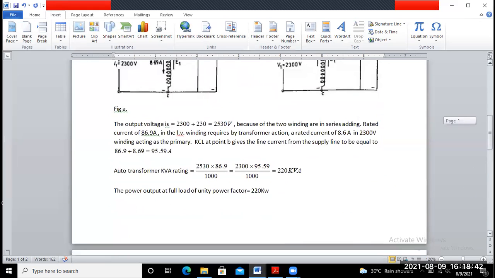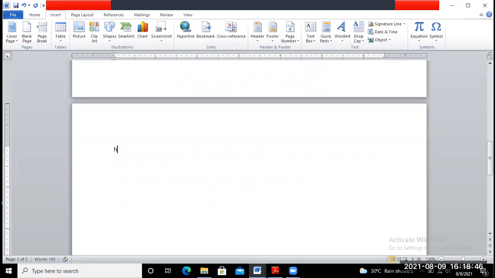So here winding BC acts as the primary and winding AB as the secondary.